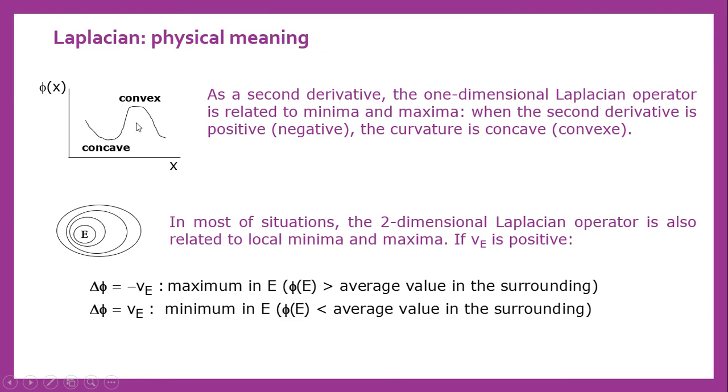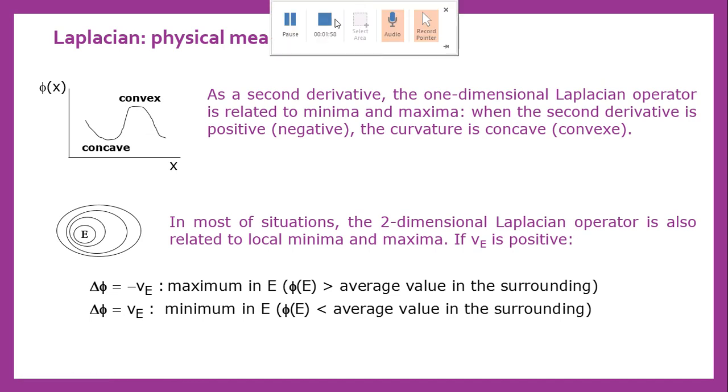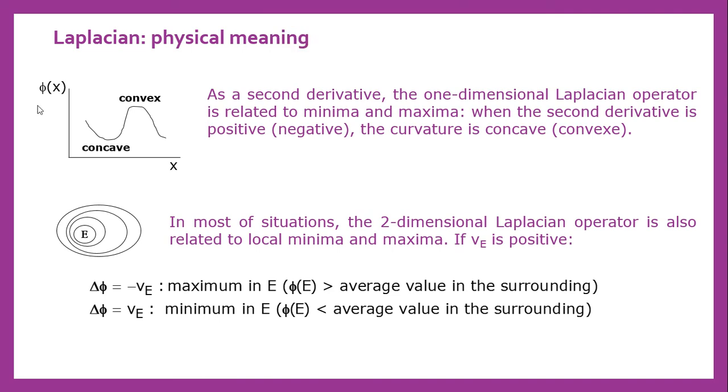If your curvature is convex, then your second derivative will become negative. A first derivative finds out whether it is a minima or maxima. Since we go for the second derivative in the Laplacian, if we get a positive result, we say the curvature is concave, and a negative result will reflect the converse curvature.